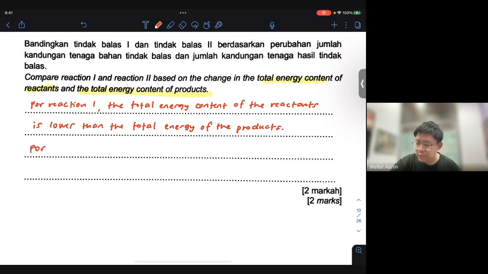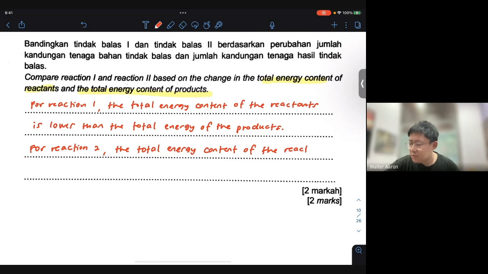And then for reaction number 2, the total energy content of the reactants is higher than the total energy content of the products.